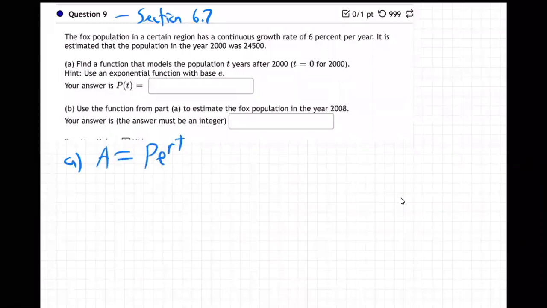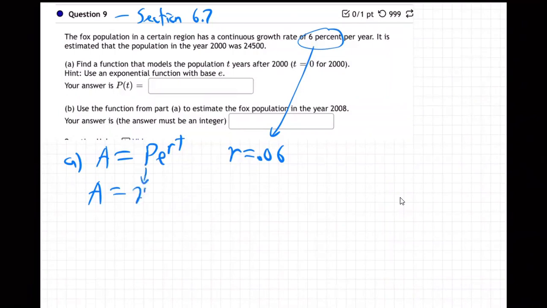A equals PERT. And then the rate, it said the rate of growth, at least on mine, is 6%. So that's 0.06, changed to a decimal. And P, remember what P always is? It's the starting amount. The P will end up being, in my case, 24,500.